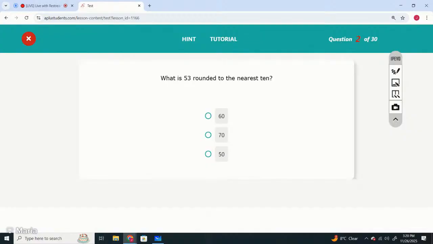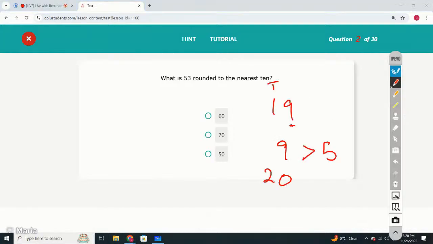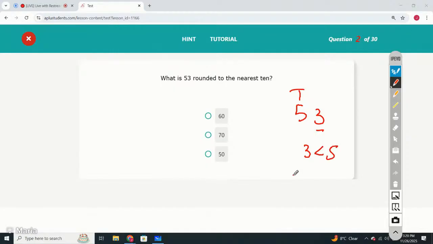What is 53 rounded to the nearest 10? You can take your time thinking, then answer, right? 53. 5 is the digit that is at the tens position. So right next to it we have 3, and 3 is less than 5, so it is rounded to 50. I think this is the easiest way you can round off. Every number is between two tens, 50 and 60.